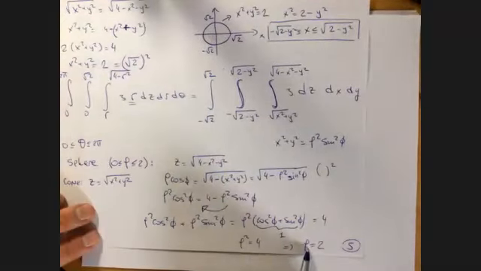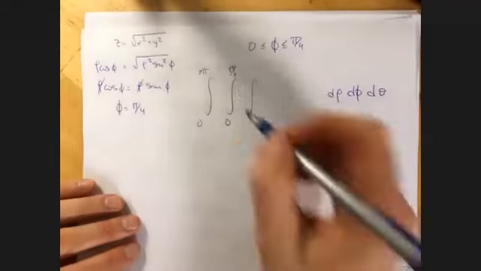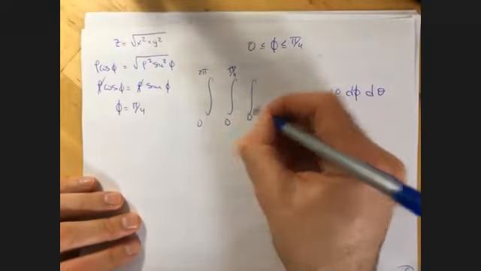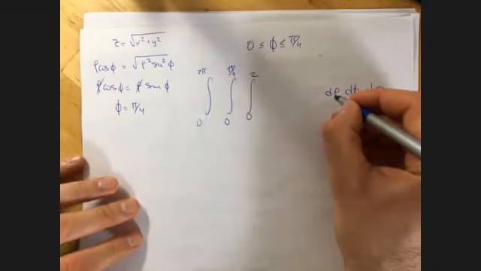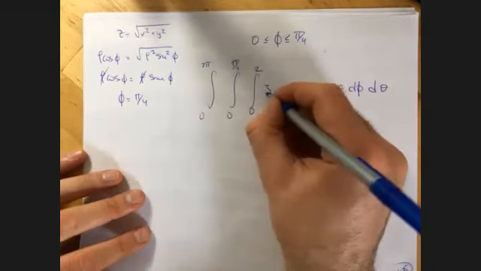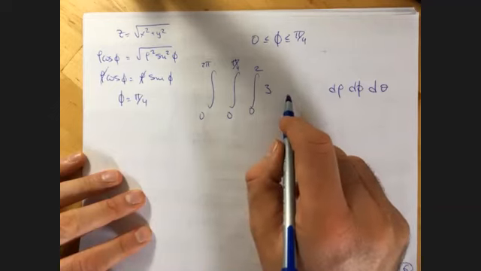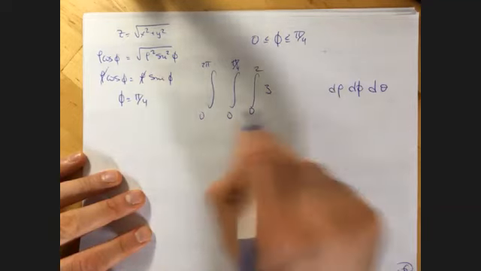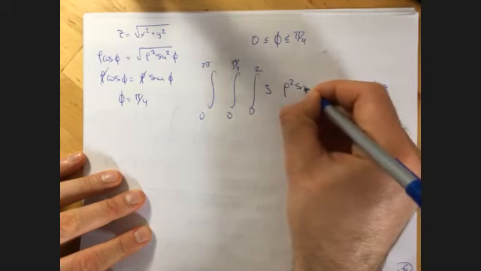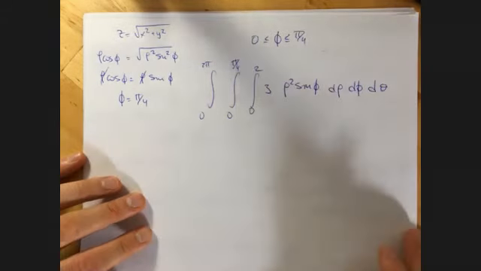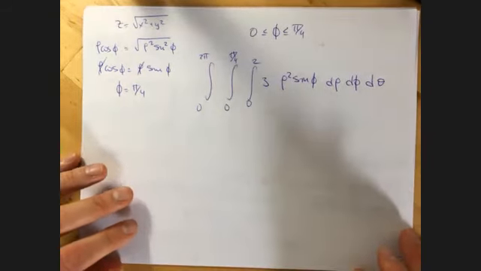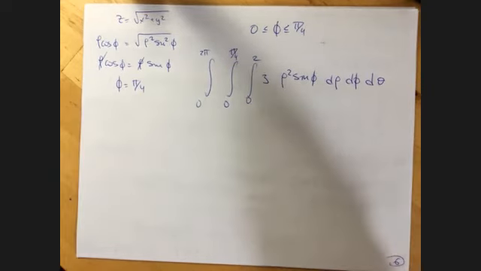Rho goes from 0 to 2. The rho, okay? The integrand is 3. And then don't forget the Jacobian, okay? Very important. The Jacobian in spherical coordinates is rho squared sine of phi. Any questions?